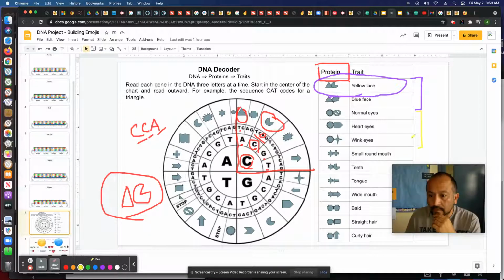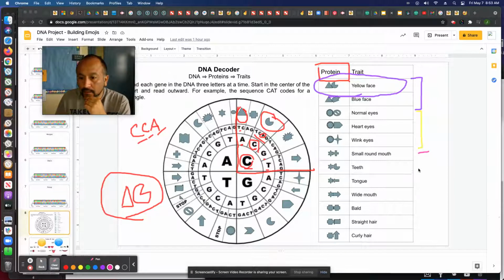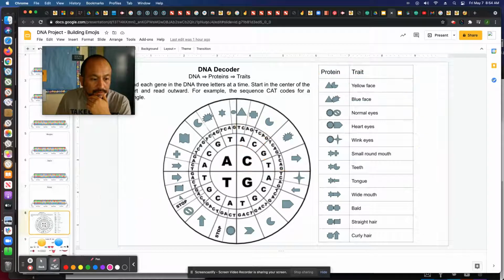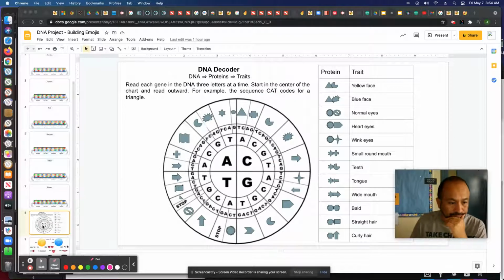For a mouth, you could have either a round mouth or a wide mouth. And for hair, you have these three categories. So we're going to put a yellow face for Jordan.